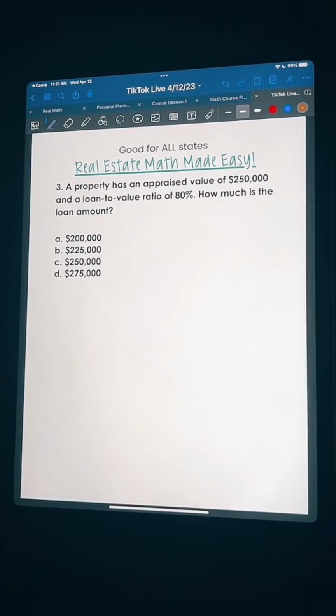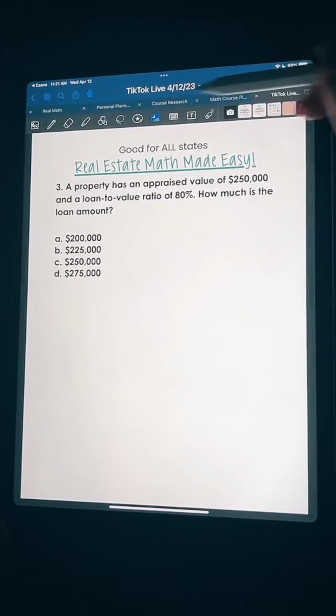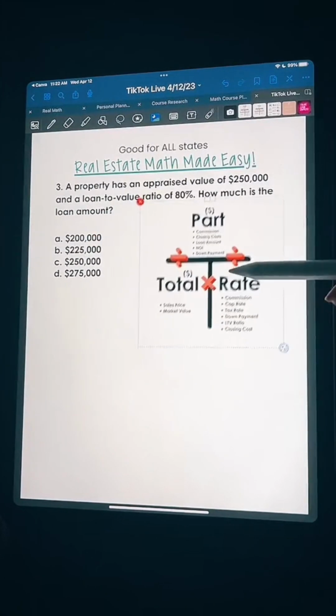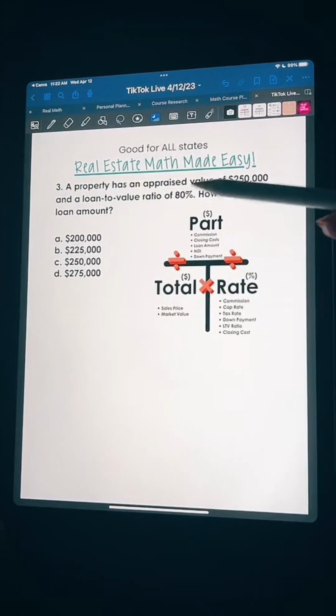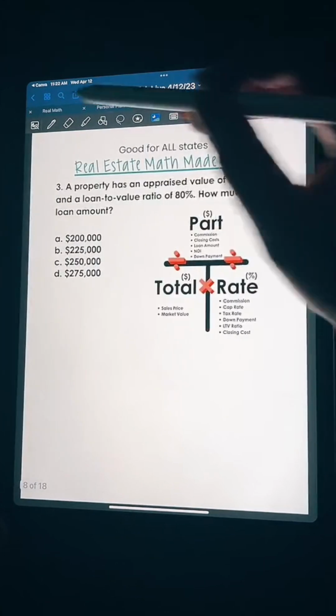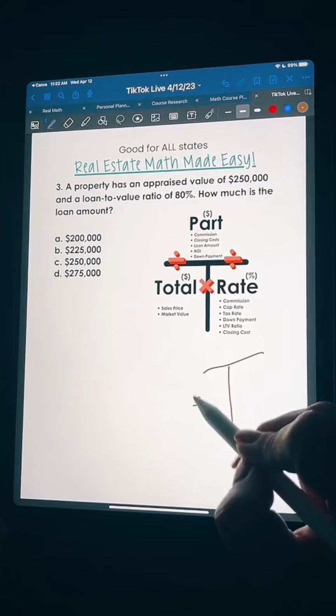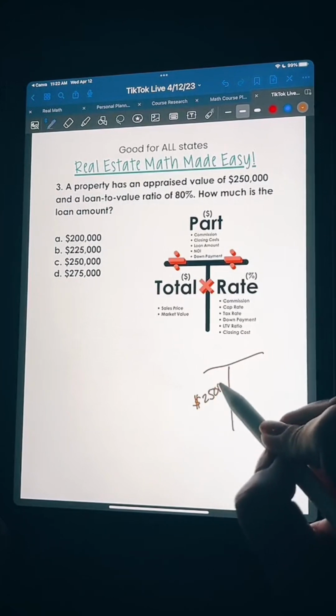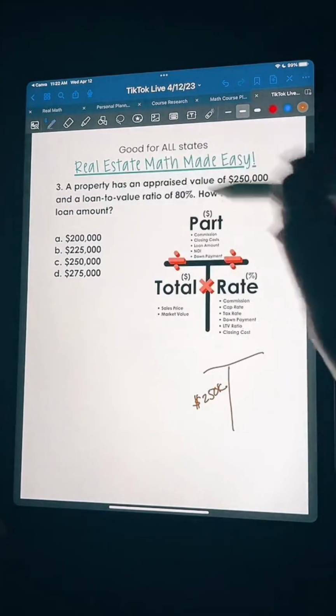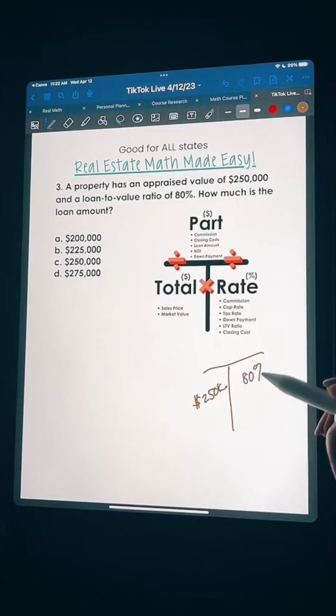All right, so let's look this over. Let's take out our T method. Now it says a property has an appraised value of $250,000. So that's my total amount. So in my little T section, I know that it's $250,000 here, and the loan to value ratio is 80%.